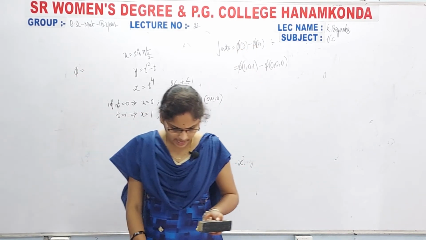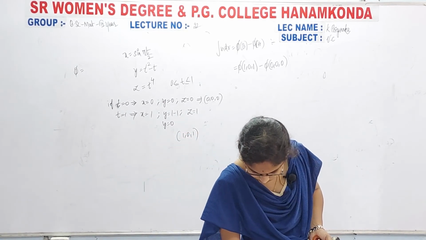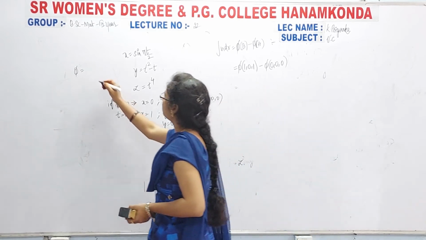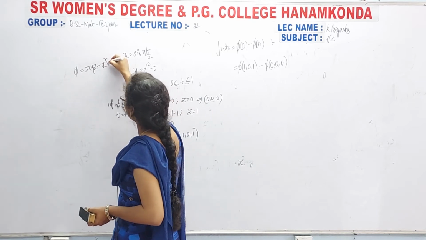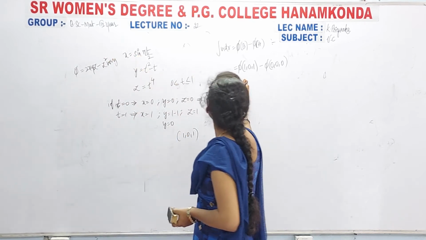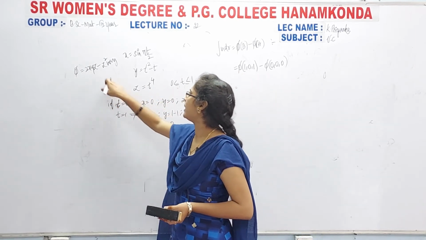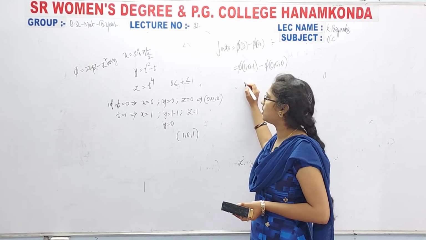Phi is nothing but x, 2xyz minus z square cos y, right. Now if you put x equal to 1, y equal to 0, obviously here 0 minus z square means 1, 1 into cos 0 is 1, right.